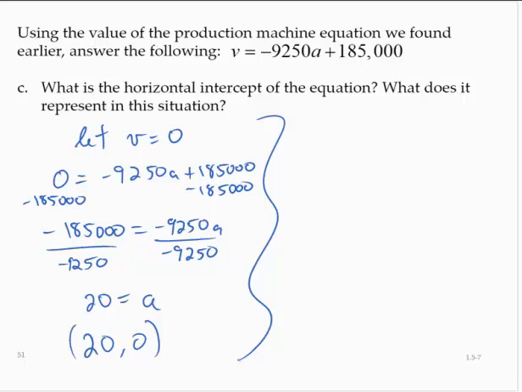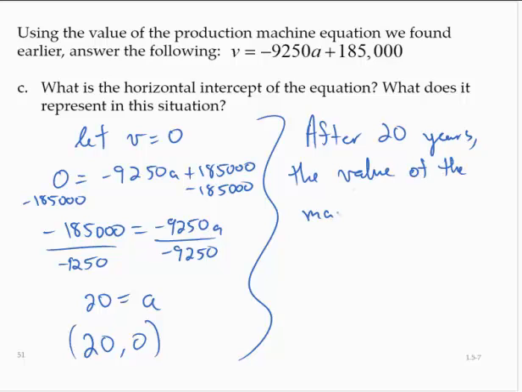When the age is 20, so after 20 years, the value of the machine will be $0.